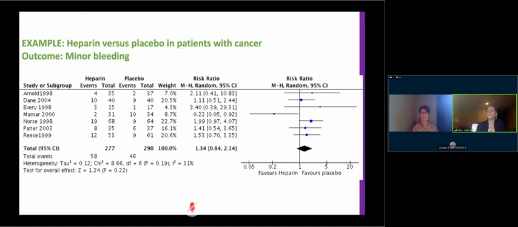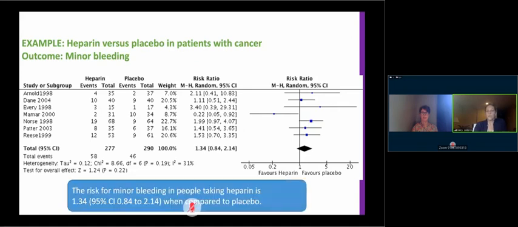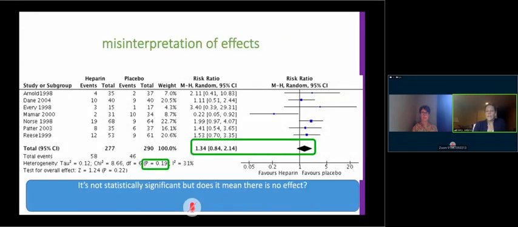And the outcome was minor bleeding. What you can see is that the risk ratio for minor bleeding was 1.34, and the confidence intervals went from 0.84 to 2.14. It is indeed not statistically significant, but does it actually mean that there is no effect?